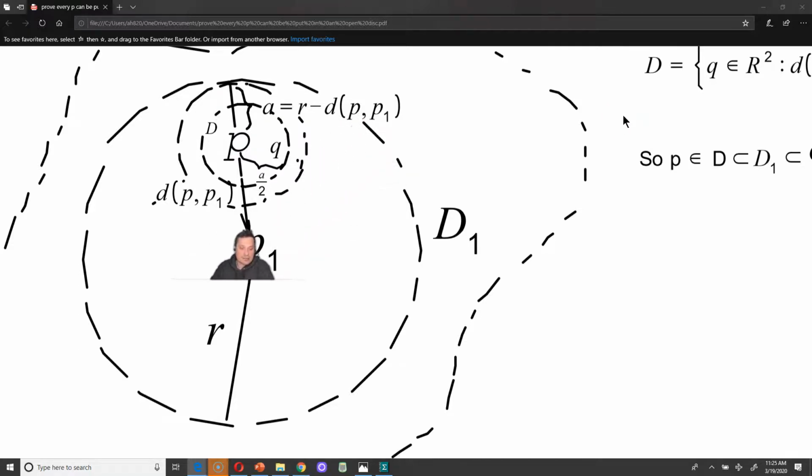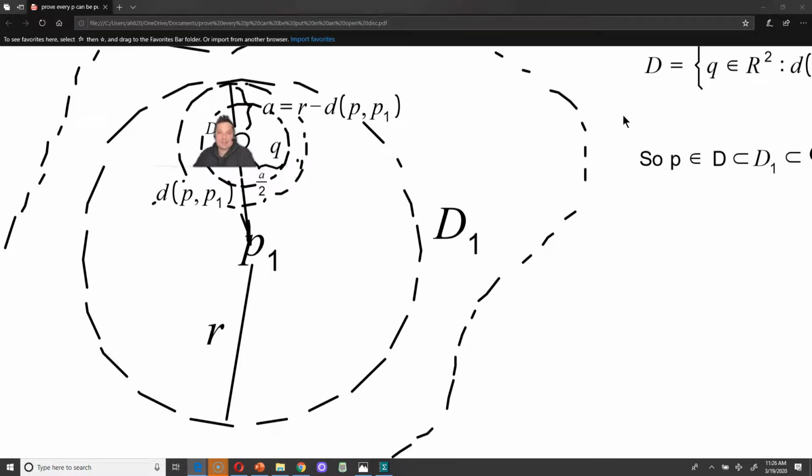This quantity that I'm tracing above my head is the distance from P sub 1 to P. So A is defined to be the difference of those two things. You can see in the picture that would be indicated using this brace right here. It goes from P to the boundary over here. So that's why you need that A.